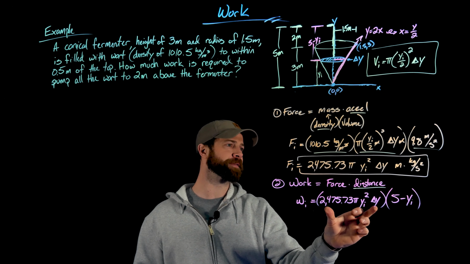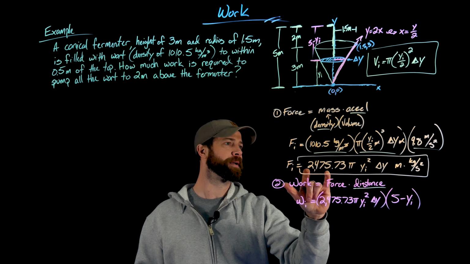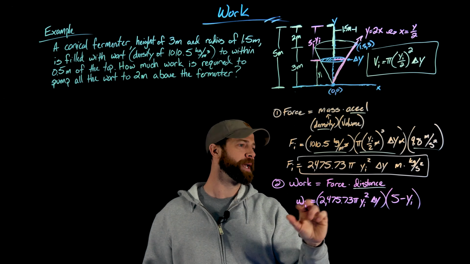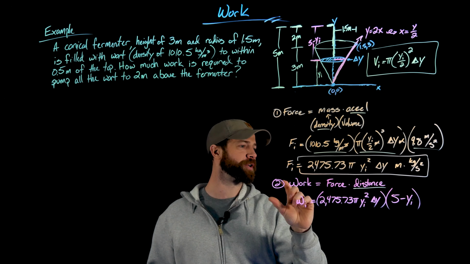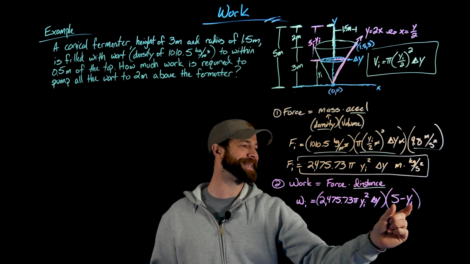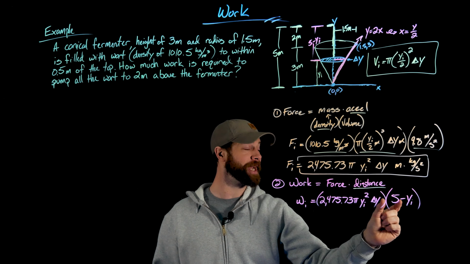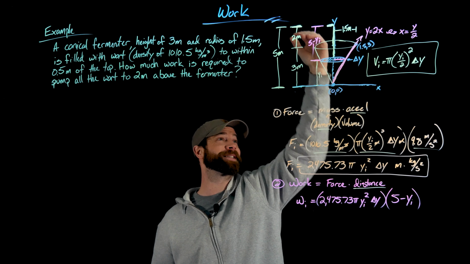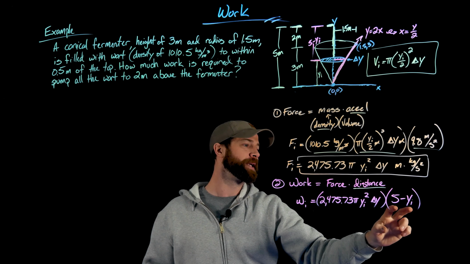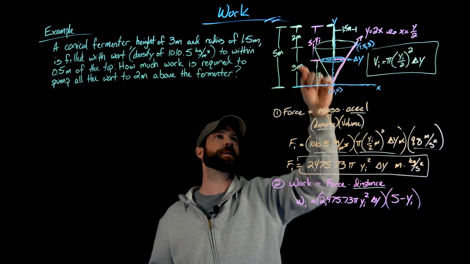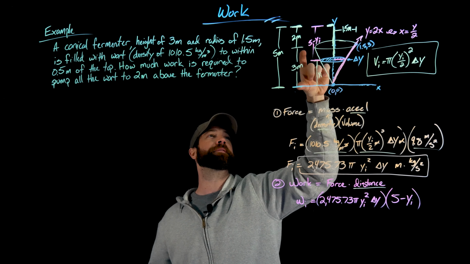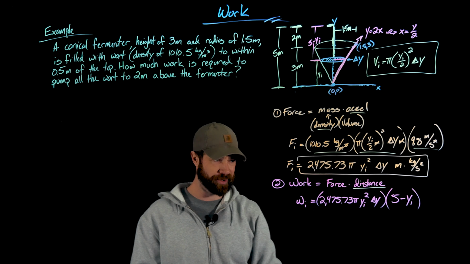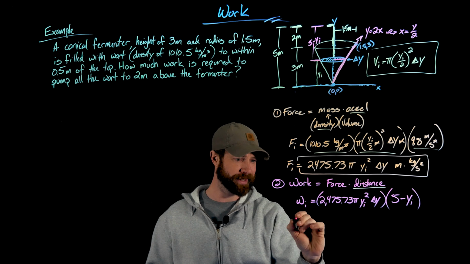We have our force function that we defined based on this volume, the density, and the acceleration. And then to get the work for each of these little intervals, we've now applied the distance. Again, the distance will change because the stuff higher up has less of a distance to go than the stuff further down. Again, the 5 came from the 2 meters above the 3 meter tank right there. Now what I'm going to do is rewrite this and clean it up a little bit.